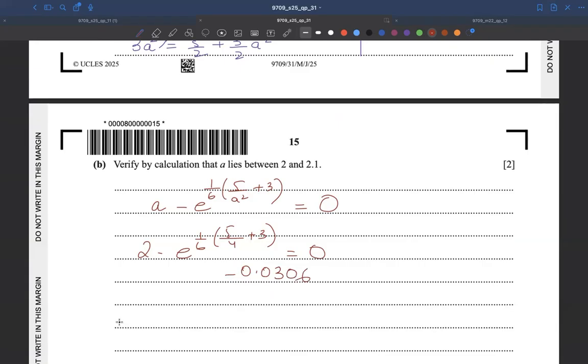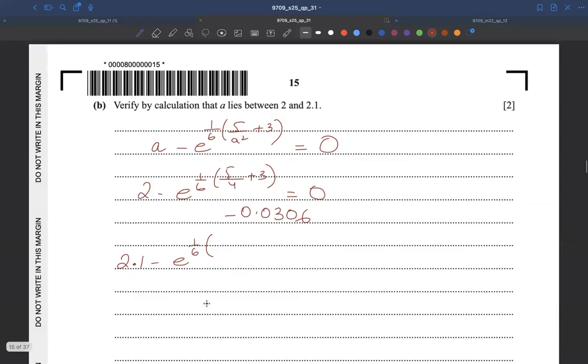And then substituting 2.1, you get 2.1 minus e to the power of 1 upon 6 into, and then let's do 5 divided by 2.1 squared, then plus 3. Then the exponential answer over here, and then 2.1 minus the answer, we get 0.108.